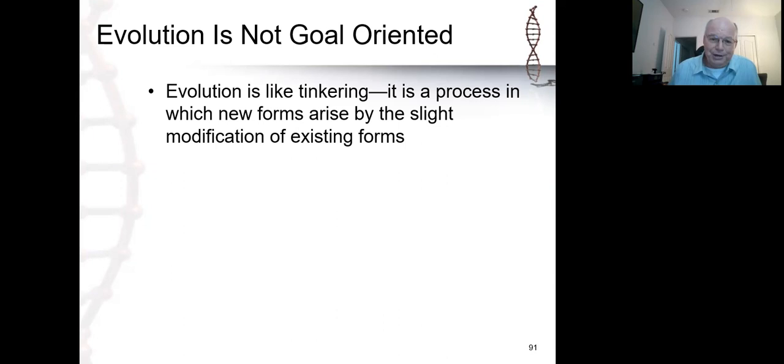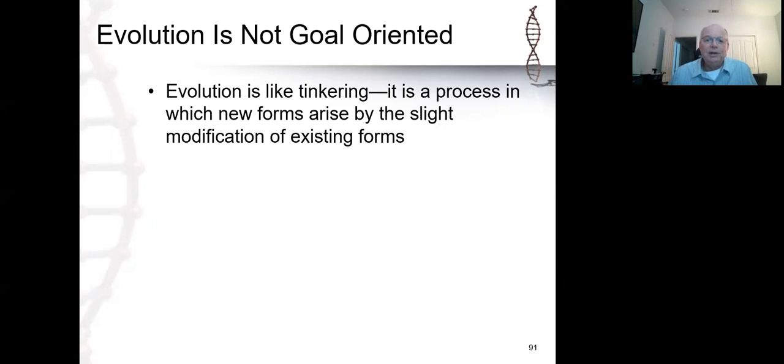Evolution, natural selection, is simply tinkering or modifying existing structures, and whatever works, works, and whatever doesn't, doesn't. And so for organisms that have features that work, they're successful as a result of the tinkering.